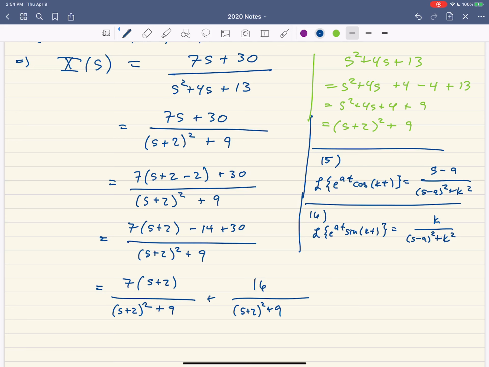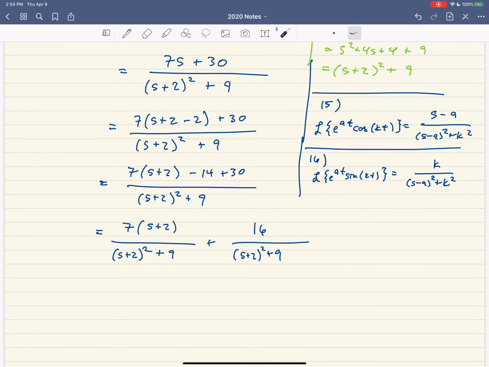So it looks like this first part is going to be our cosine, and the second part is going to be our sine term. For the first one, we can bring out the 7. I'm just going to do one extra algebra step to make sure it's clear where everything comes from. I bring out the 7, and everything else is in the exact form that we want.